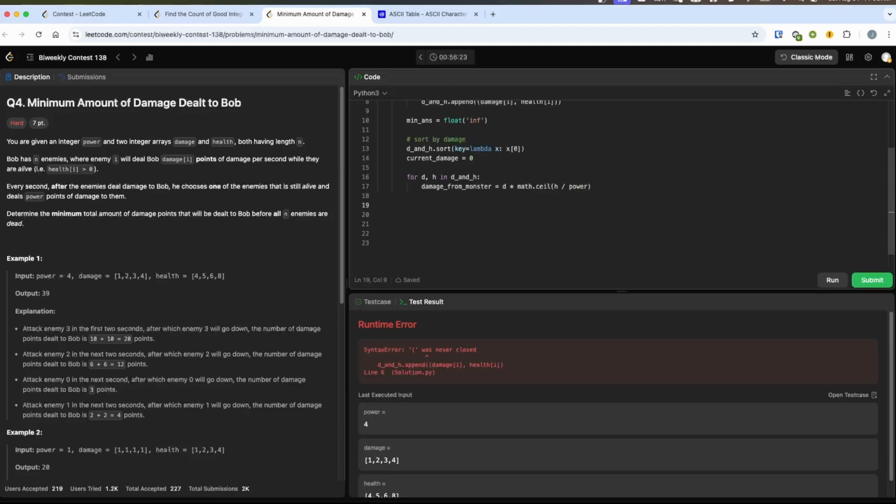And then what we're going to do at the end is say min answer equals the min of min answer or damage. This is current damage monster, and then this equals.